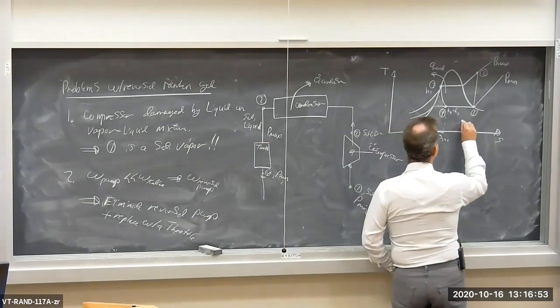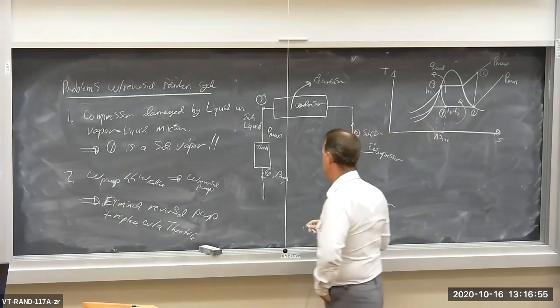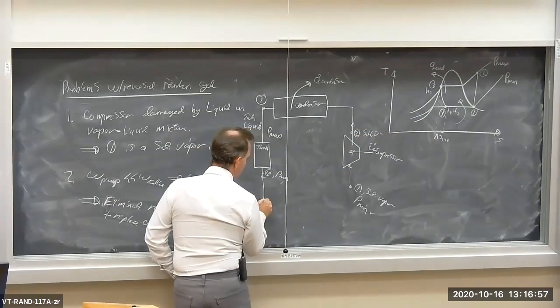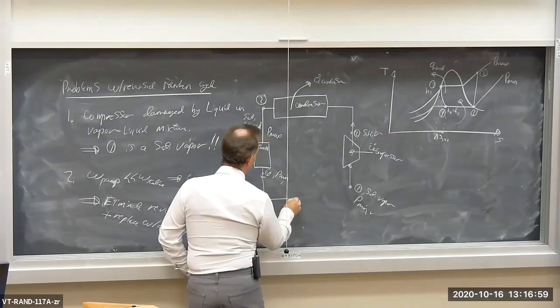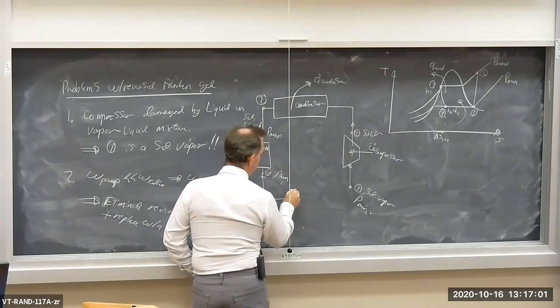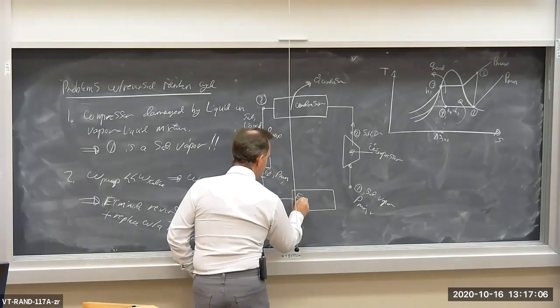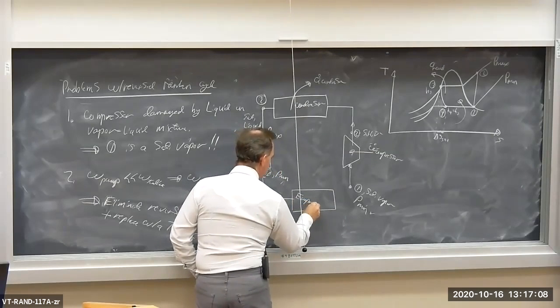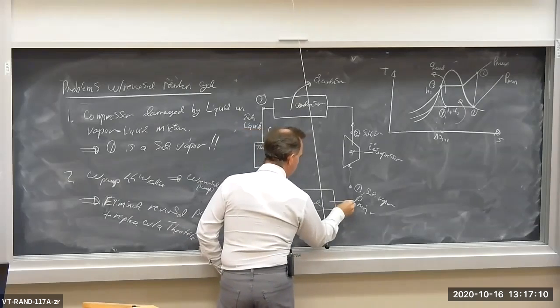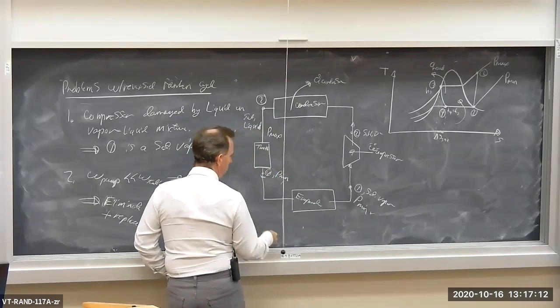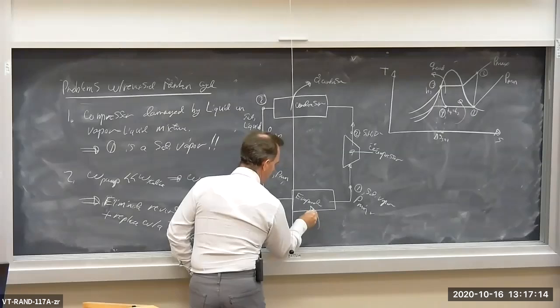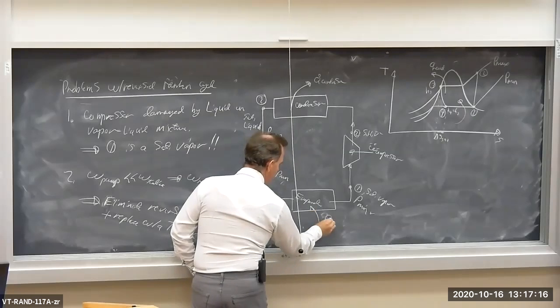And then we have the heat addition here in our evaporator. So 4 back to 1. So we have Q dot evap.